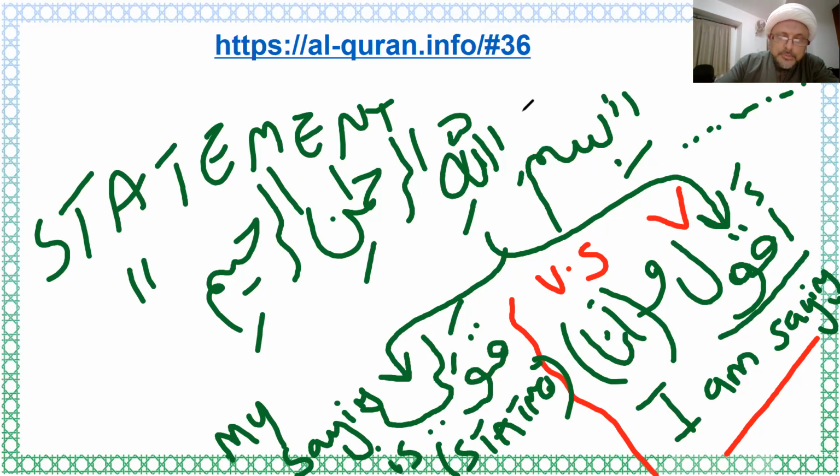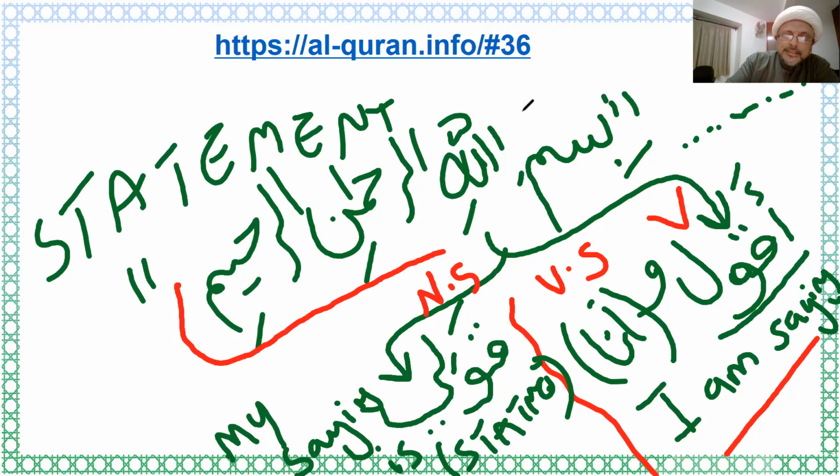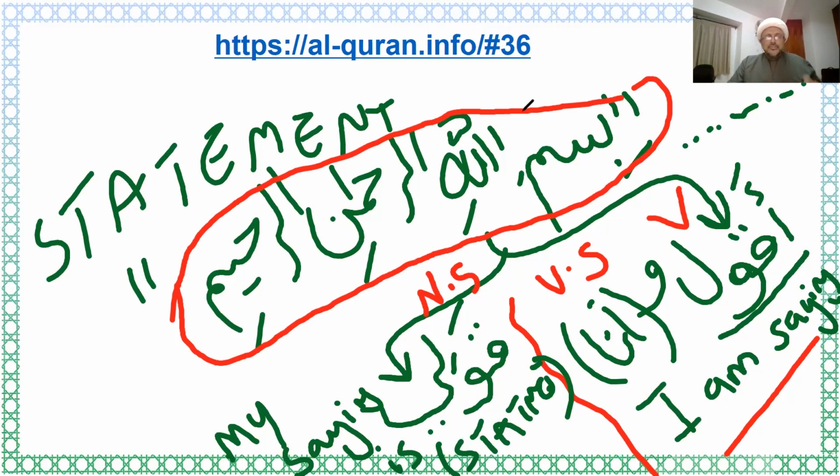Qawl is the mubtada, the nominal subject. My statement is the nominal subject. So my statement is Bismillahir Rahmanir Rahim. So all this Bismillahir Rahmanir Rahim here is in the place of the predicate. Remember, my statement is.